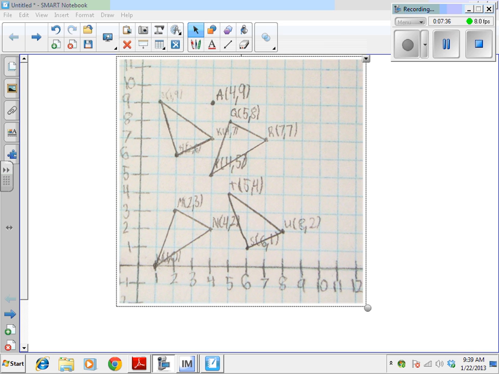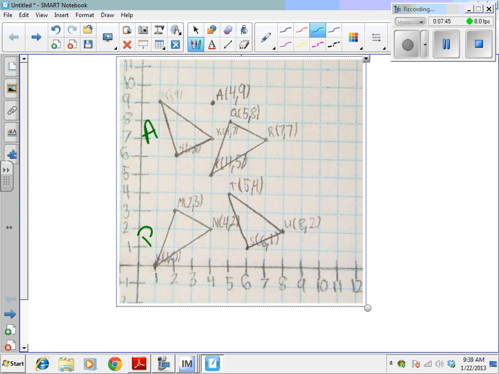So, back to this. This is letter A, right? In the book? And this is letter B in the book? Yes. This is letter C? No. That's D, and this is letter C. Okay? In the book.